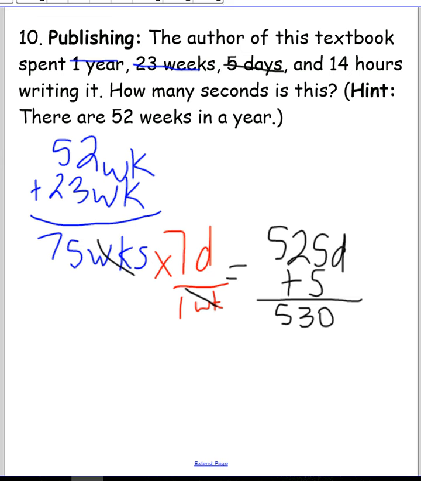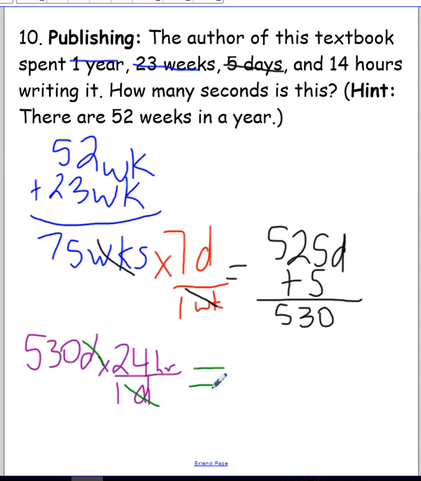And so now we have to go from days to hours. So we have 530 days times 24 hours per day. And so that gets us down to hours with an answer of 12,720.